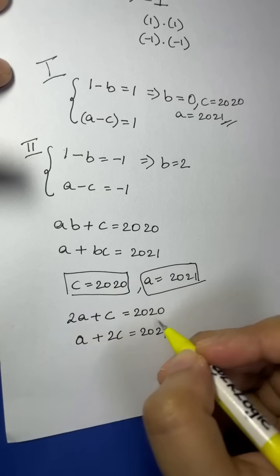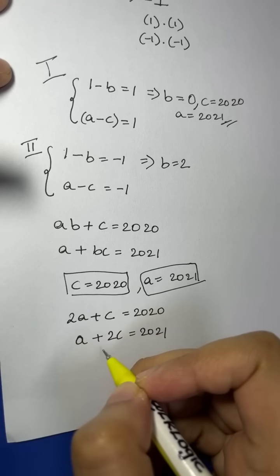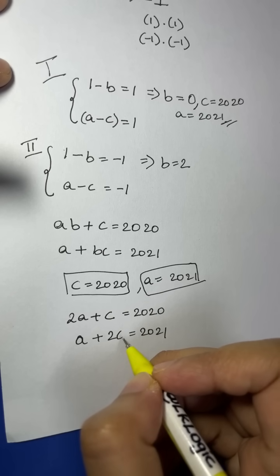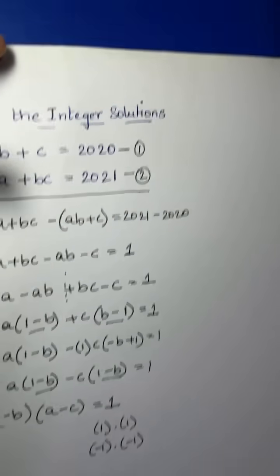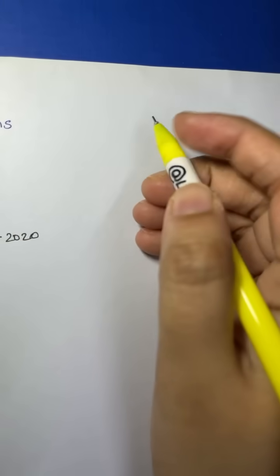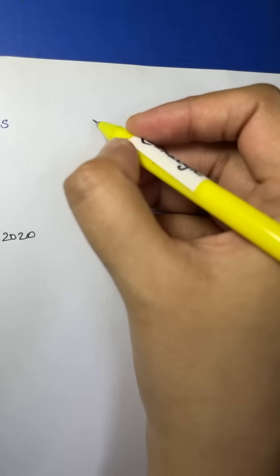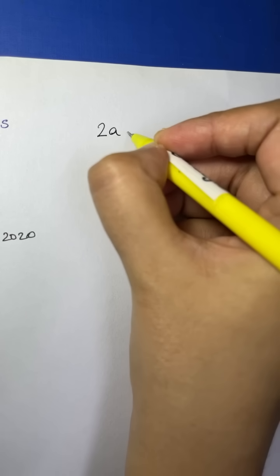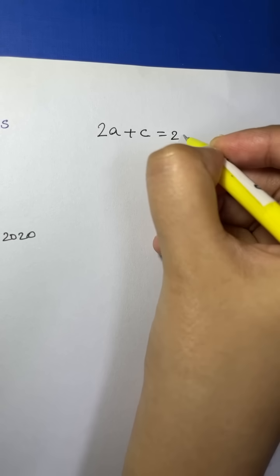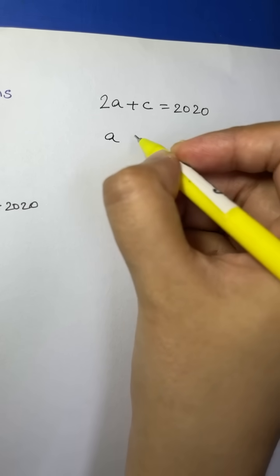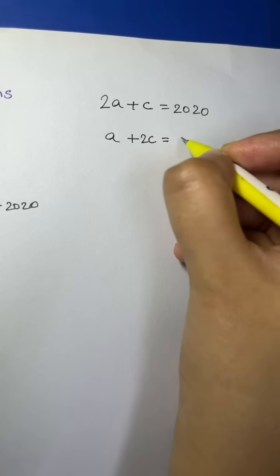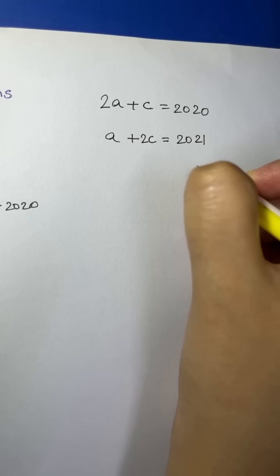Now these are two equations with two variables. Either you can solve it using the substitution method or the elimination method. I'm going to write the two equations again: 2A plus C equals 2020, and A plus 2C equals 2021.